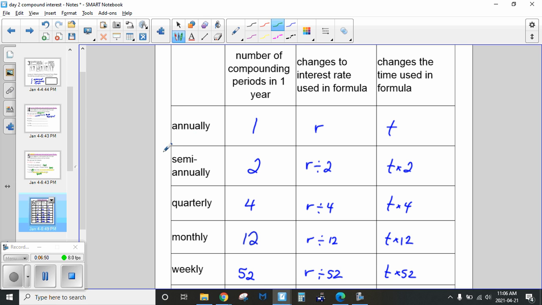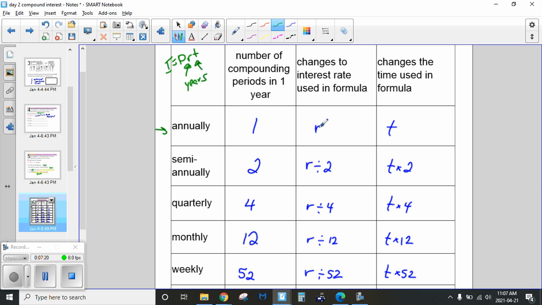The idea here is that the formula is meant for annual interest, just like with simple interest. Remember in the first video, I equals PRT, and this had to be in years because the rate was in years. So it's designed for annual input information. So this is annual. This is what the equation's meant for.